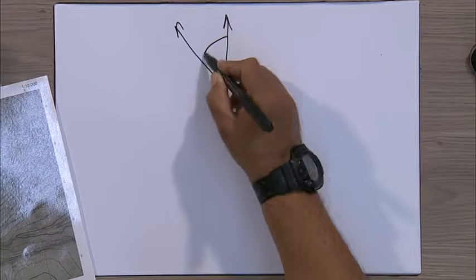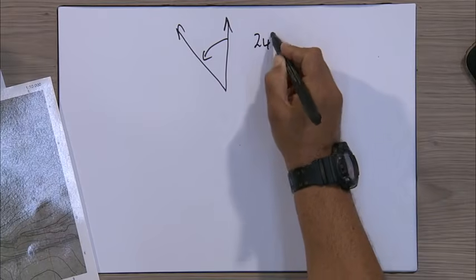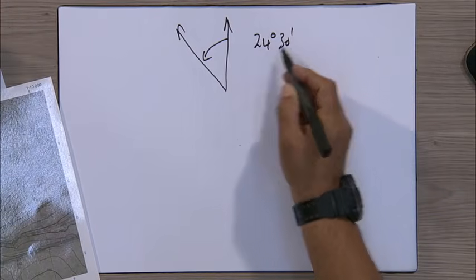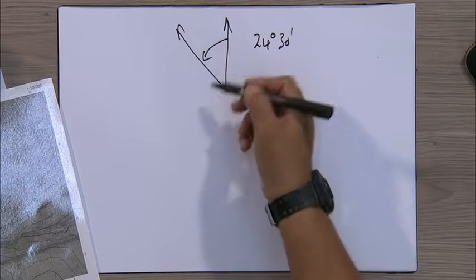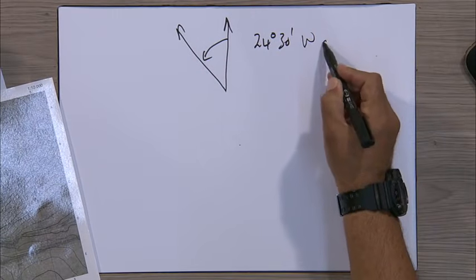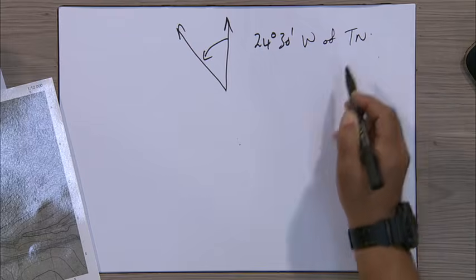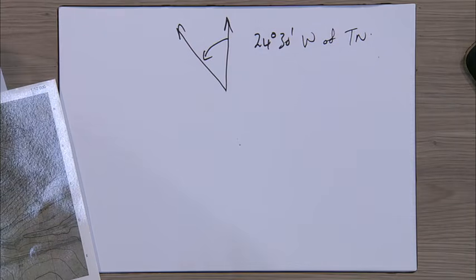So in other words, if that is true north there, then magnetic north, that angle is 24 degrees and 30 minutes west, right? That direction is west of true north. Now, when you get asked to calculate the magnetic bearing, it's very simple. You calculate your bearing as normal.